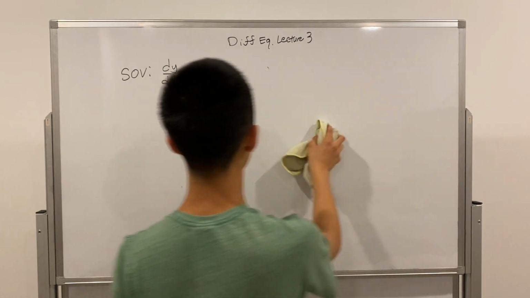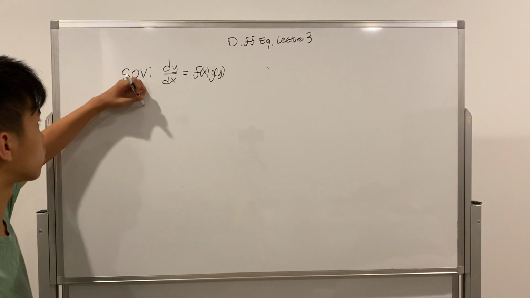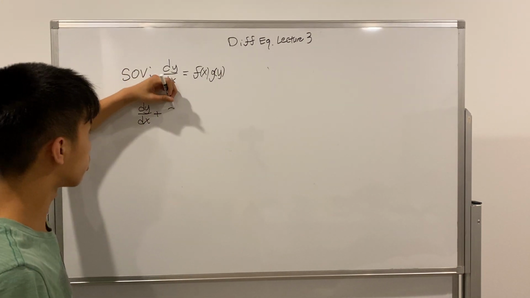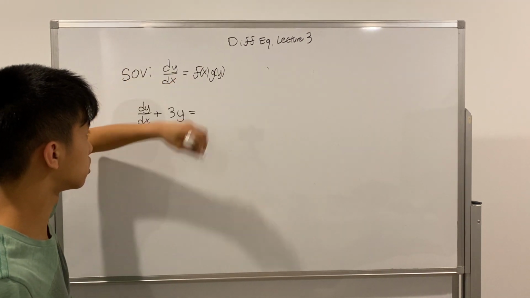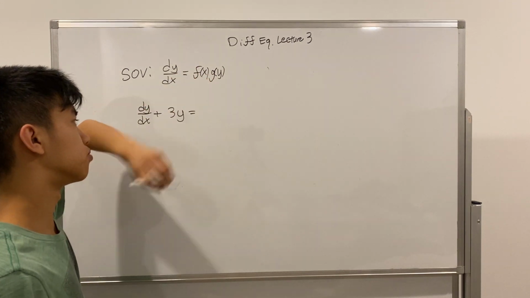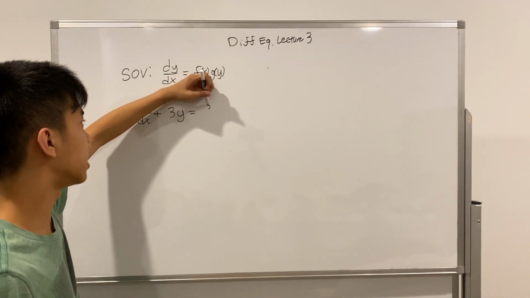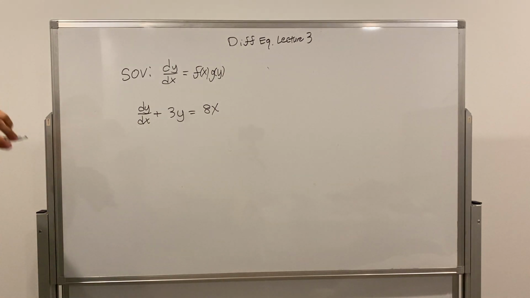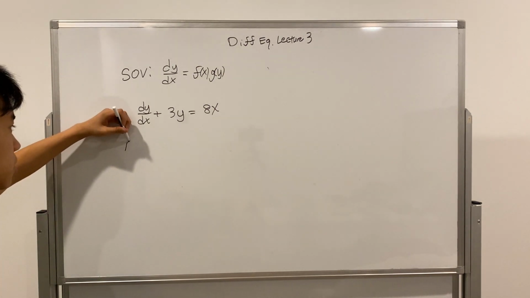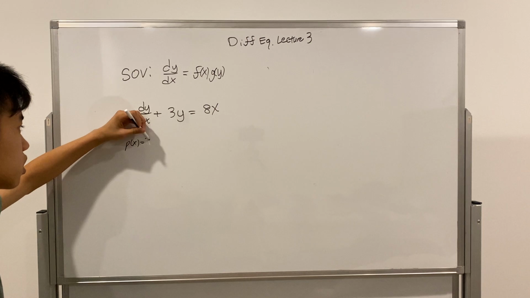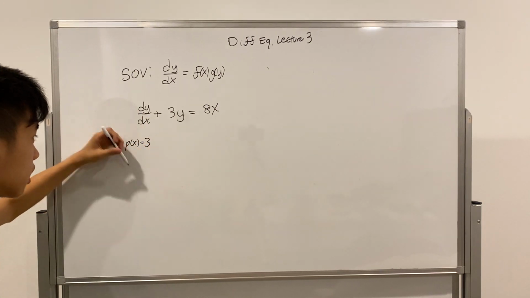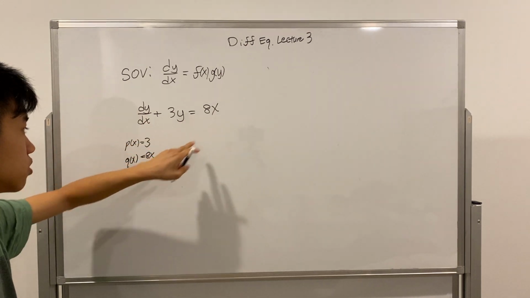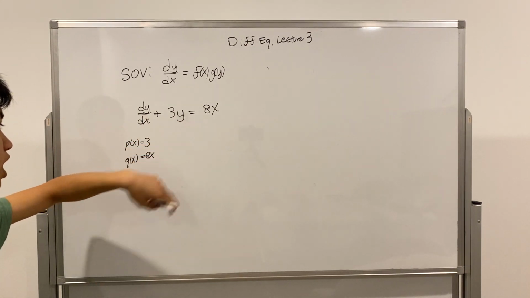Let's say we have dy over dx plus, I don't know, 3y equals 8x. Let's try to solve this. We know that p of x is 3 because it's whatever is multiplied by y. q of x is 8x because it's whatever's on the right side.